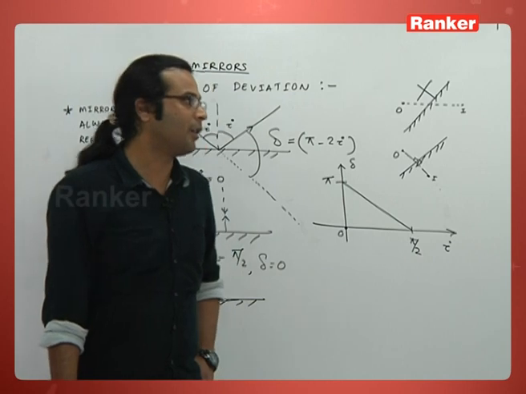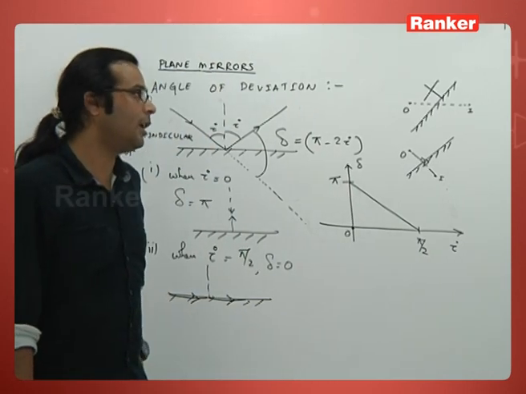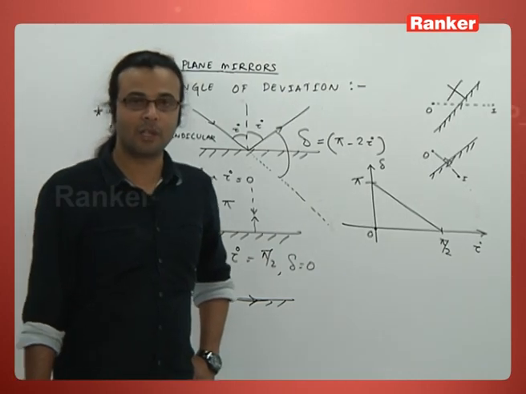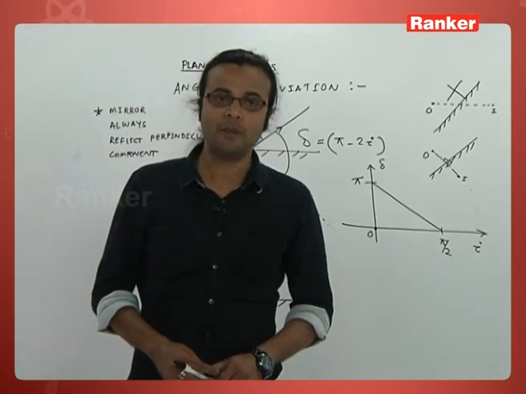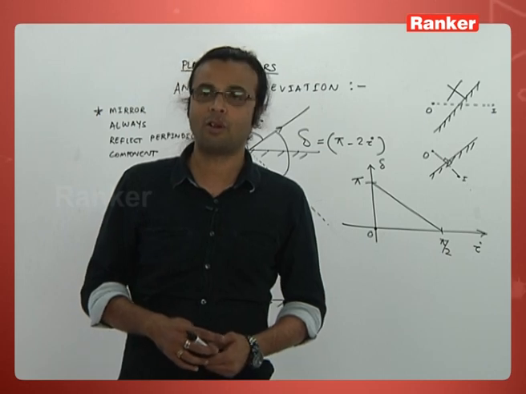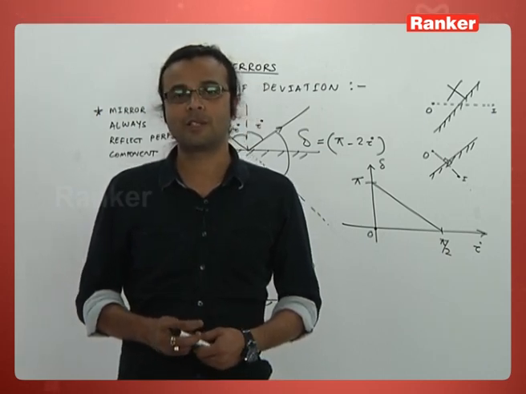We discussed that the human eye cannot distinguish between real image and virtual image, but the definition is that a real image can be caught on a screen, and a virtual image cannot be caught on a screen.